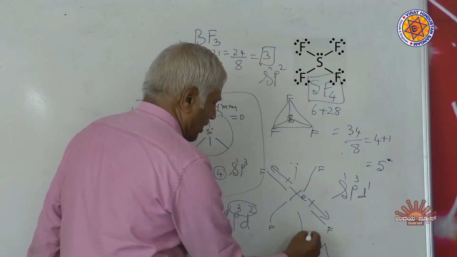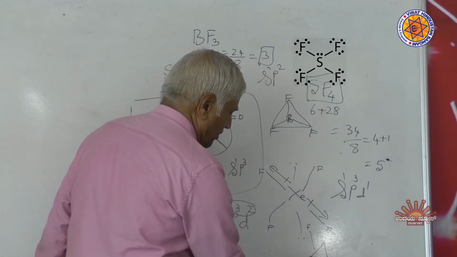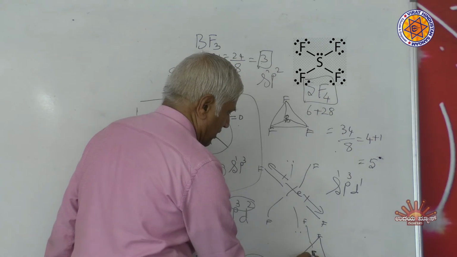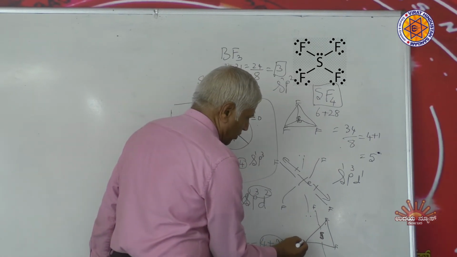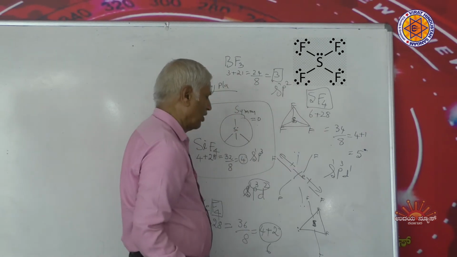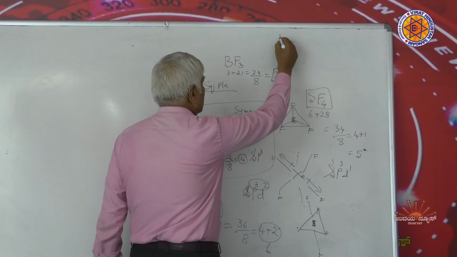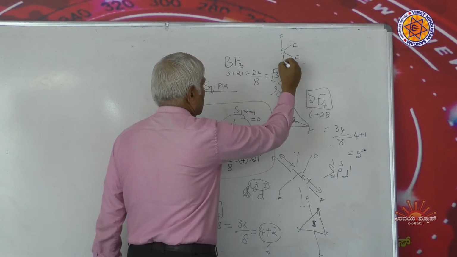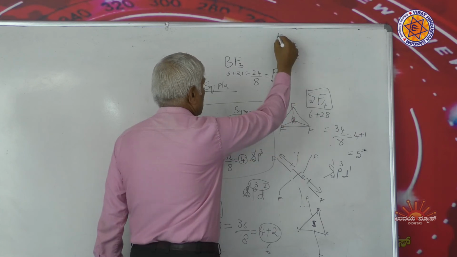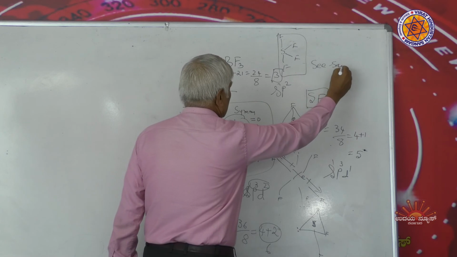Sulfur atom will be here, fluorine atoms around. Remaining one position is vacant, here there is a lone pair. So it will be like this. This is called seesaw shape.